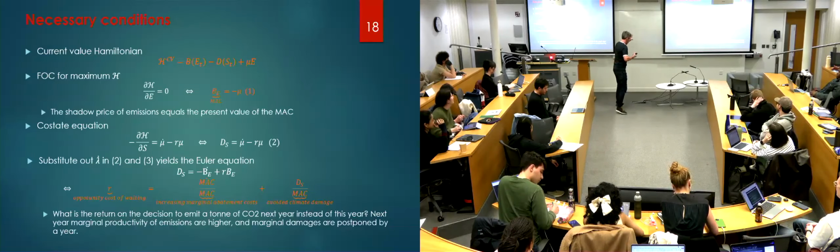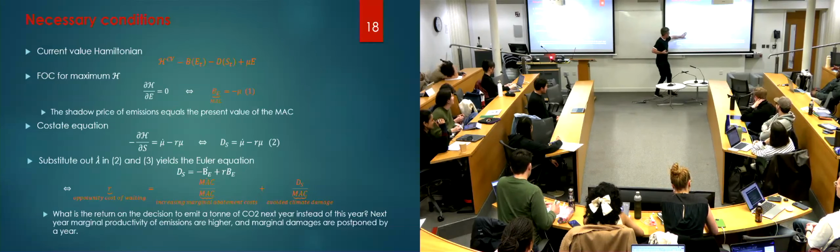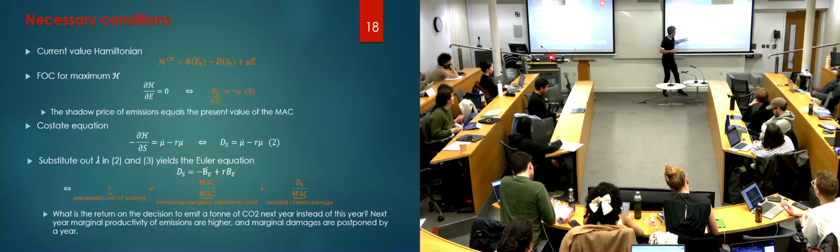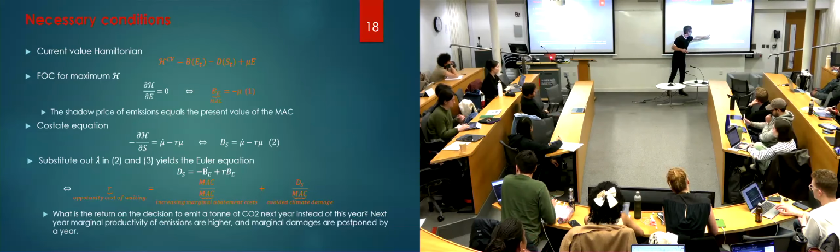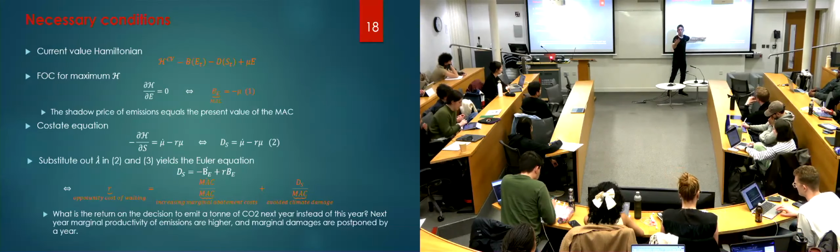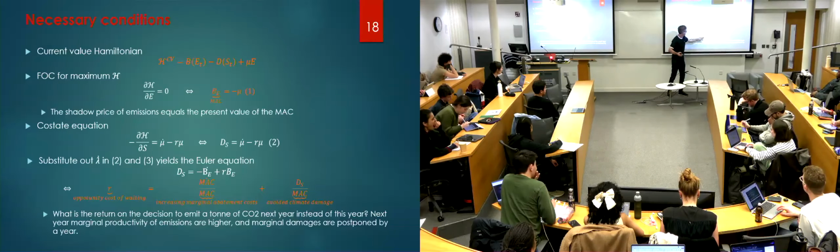So we're close to the Hotelling rule. The price of abatement, the marginal productivity of our emissions or of our oil, goes up at the discount rate.